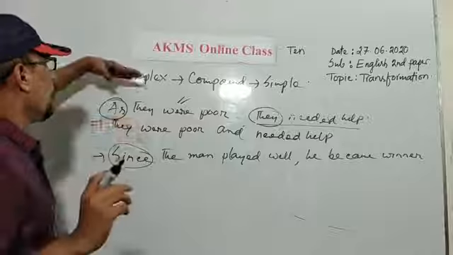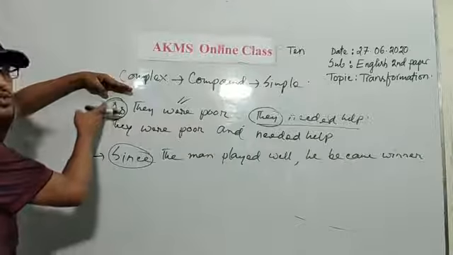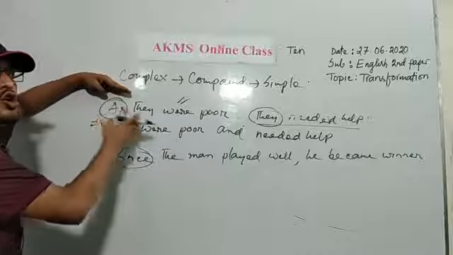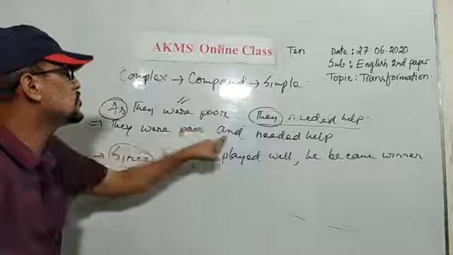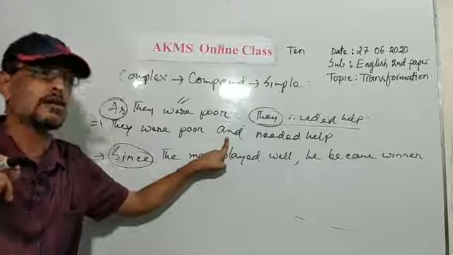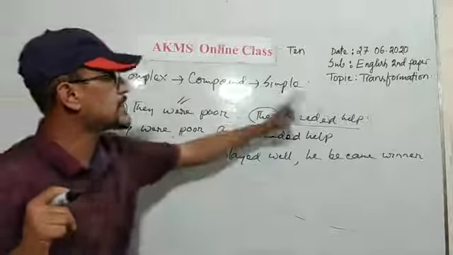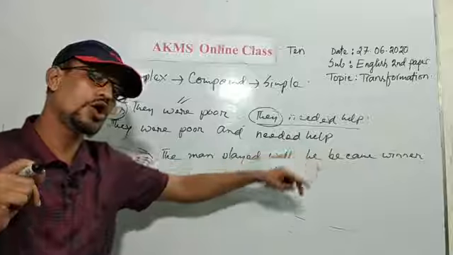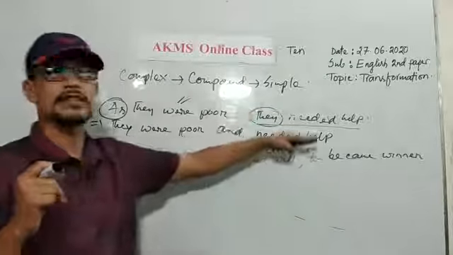So, when any complex sentence is combined with the use of and, then to transform it into compound, you need to use and as a connector to make it a compound sentence. And first you should write the cause and then the action. Always in a compound sentence, first you should write the cause and then the action.